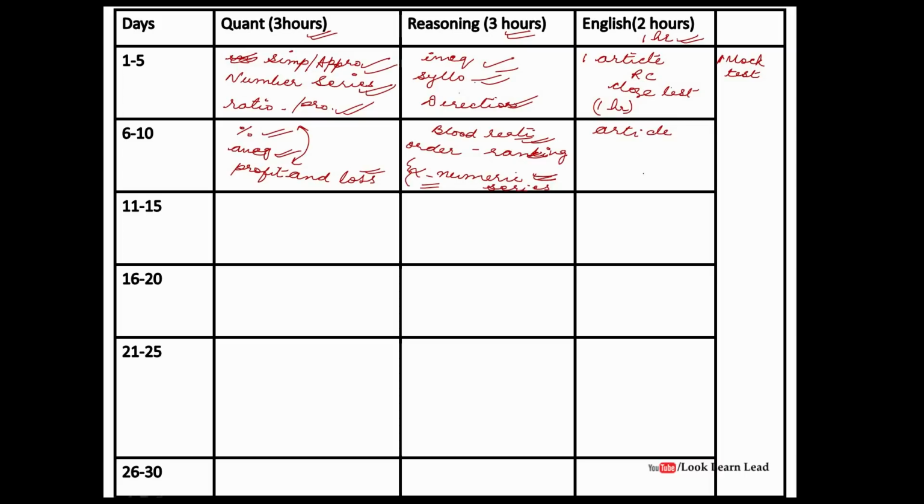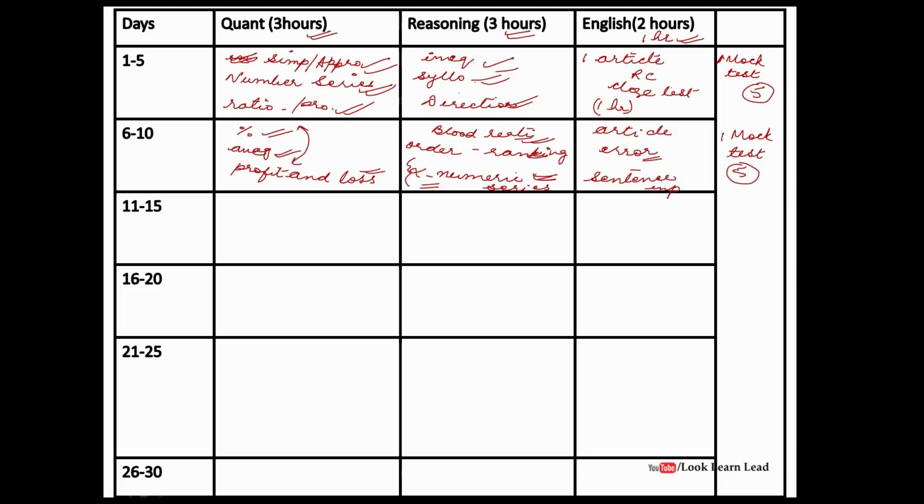Same in English, you have to read an article, and you can do some questions for error and sentence improvement. And you have to write one mock test daily, a 1 hour mock test. So see, in total we have written 5 tests over here for 5 days, and 5 tests over here for 5 days.